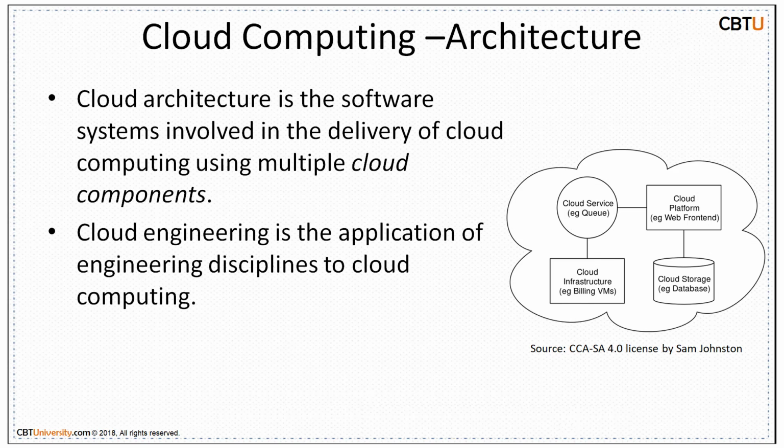Here there are two terms, cloud architecture and cloud engineering. Cloud architecture is the software systems involved in the delivery of cloud computing using multiple cloud components, whereas cloud engineering is the application of engineering disciplines to cloud computing.